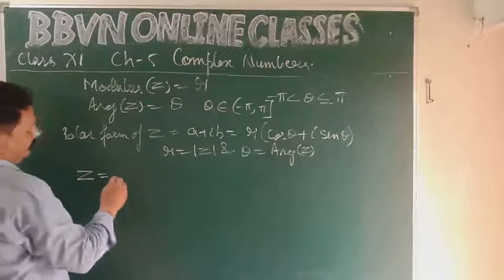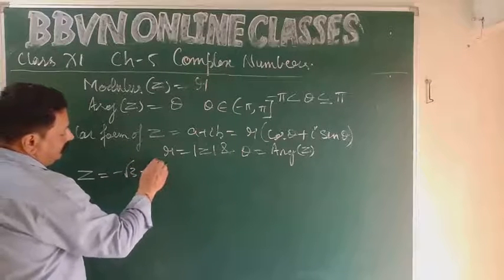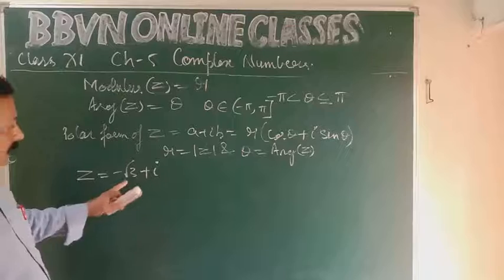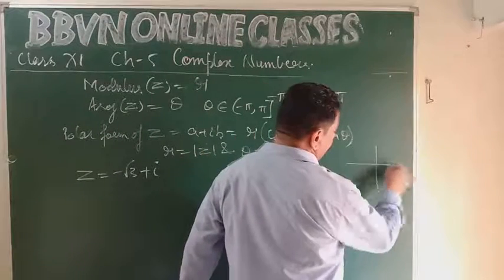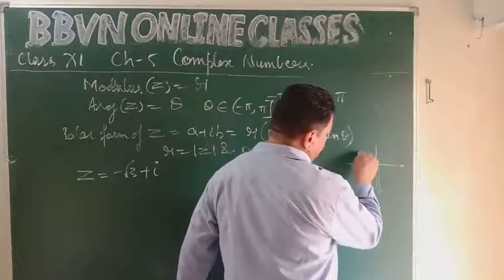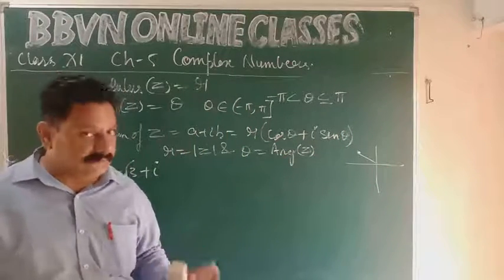z is equal to minus under root 3 plus iota. Now x negative, y positive, which quadrant will it be? Second quadrant, which means 180 minus alpha.